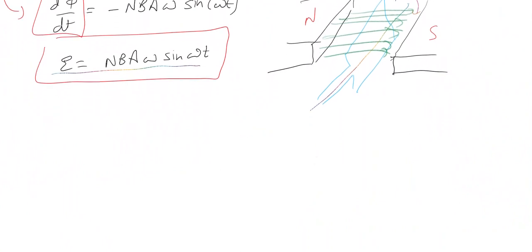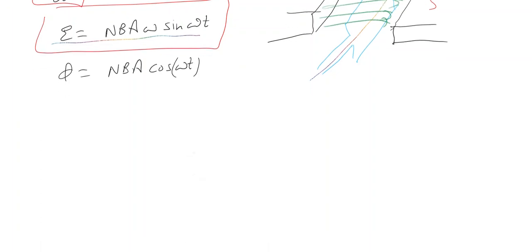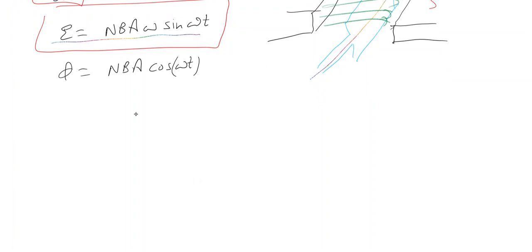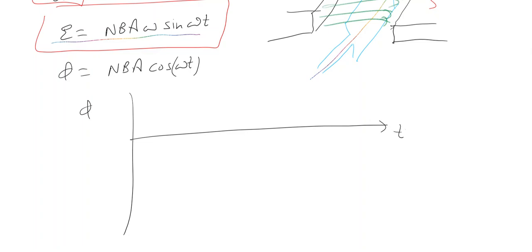In this case, phi is NBA cos omega t, that is, NBA cos theta with theta replaced by omega t. When you plot the graph of phi versus t, the graph will be like this.